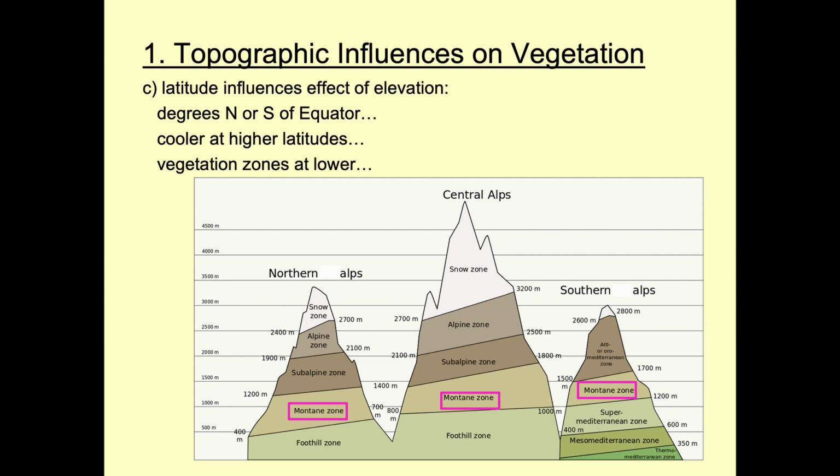So in the northern Alps, this occurs at around 400 meters. In the central Alps, this is going to occur at 800 meters, and in the portions of the Alps that are most southern, they're going to occur at 1,000 meters. So we can see this interaction of latitude and how it interacts with these elevation principles.